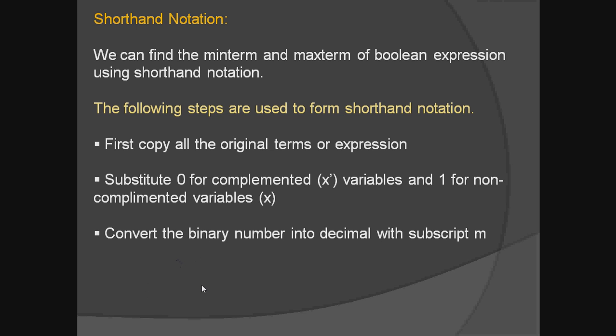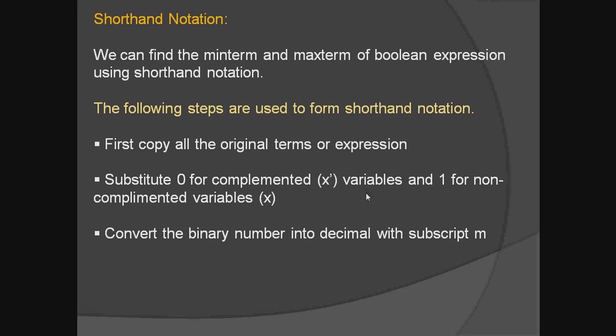So we convert it into a decimal number, and then with subscript m, where small letter m stands for mean term and capital M stands for max term, right? Using this shorthand notation we find the mean term notation or the max term notation.